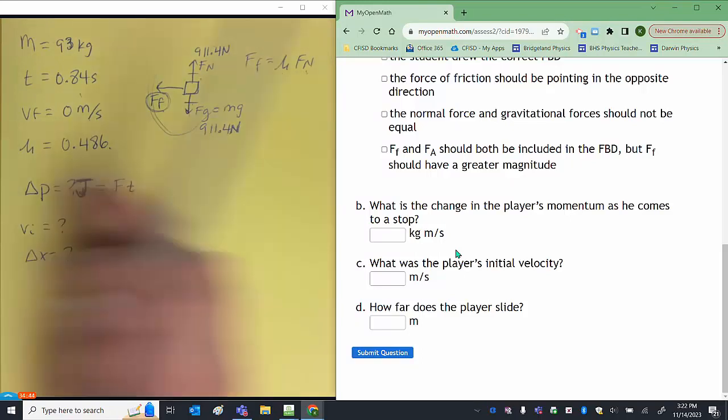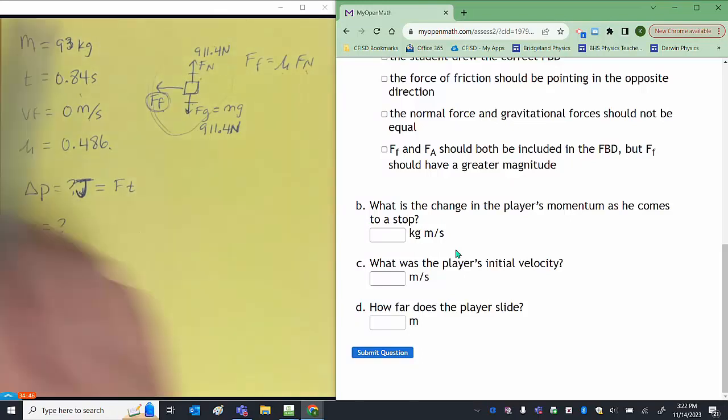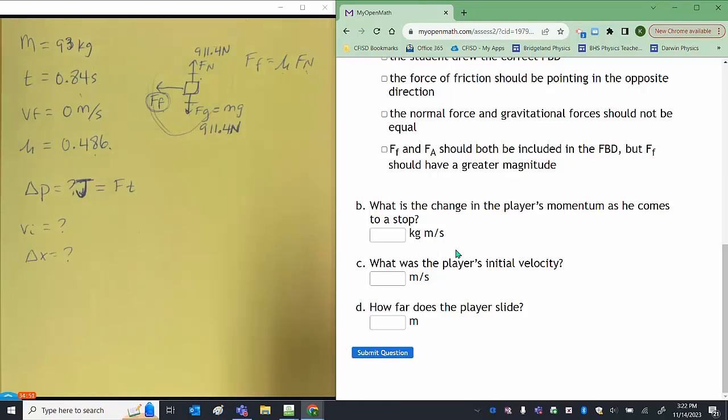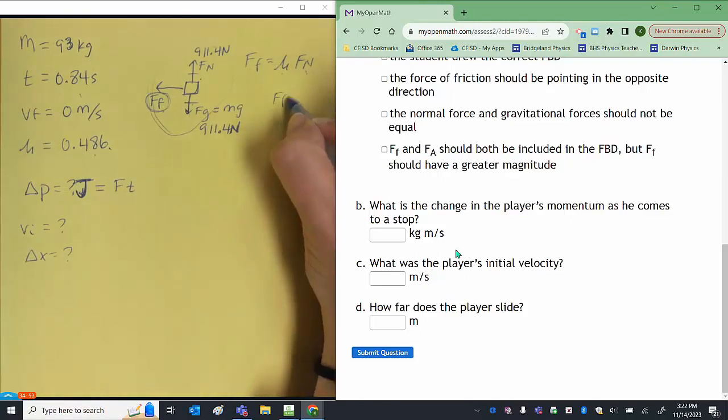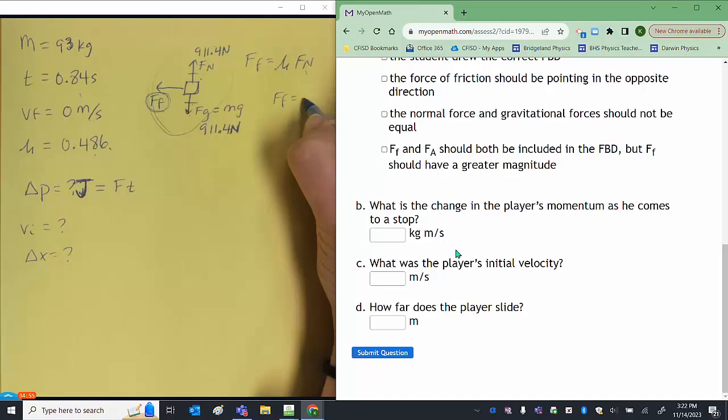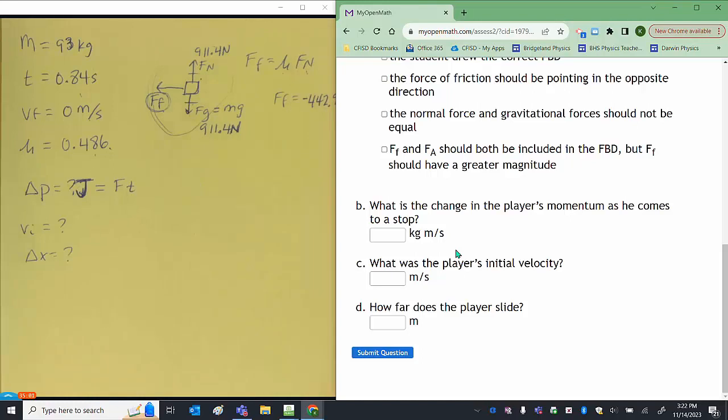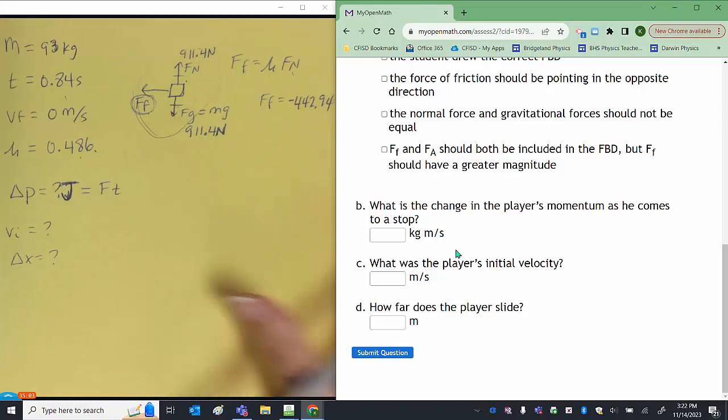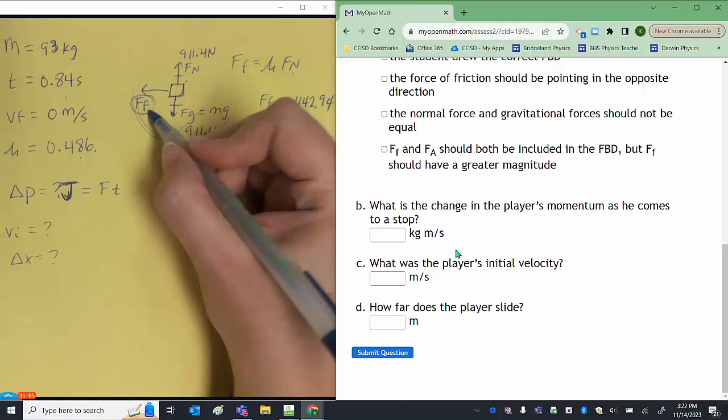So I'm going to take that 911.4 and multiply it by 0.486, and that's going to give me my force of friction. My force of friction is equal to, and again it's in the negative direction, negative 442.94 newtons. Okay, so that's my force of friction.